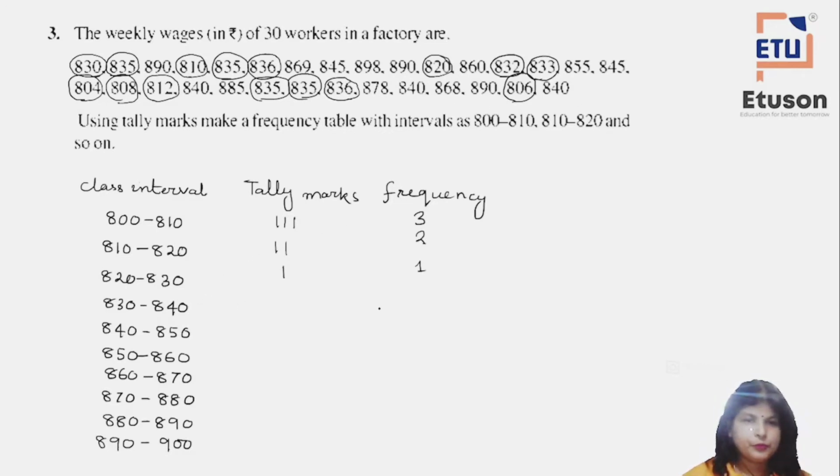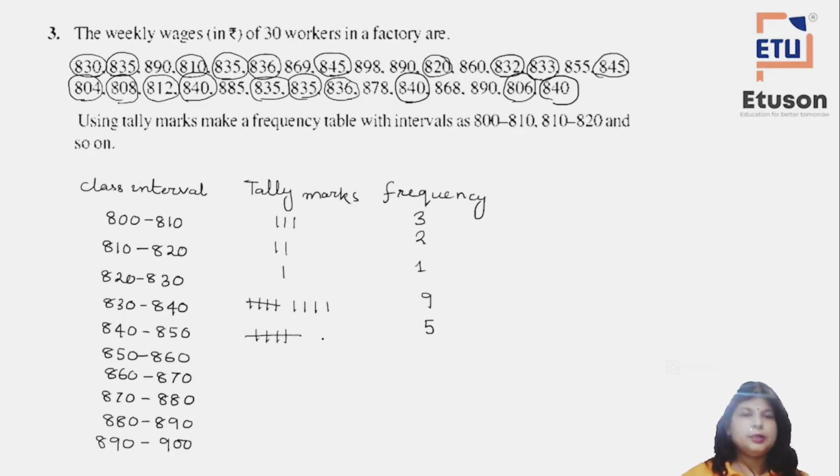No, it is 9. So let us represent the tally marks: 1, 2, 3, 4, 5, 6, 7, 8, 9. Then 840 to 850. Here comes 1, 2, 3, 4, and 5. So here you have 5. 1, 2, 3, 4, 5.